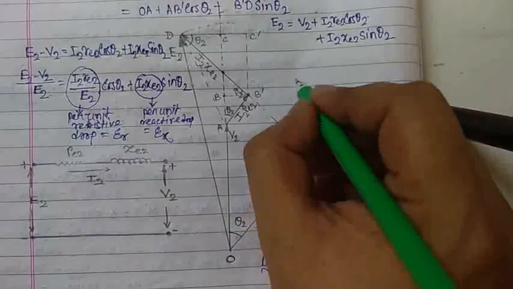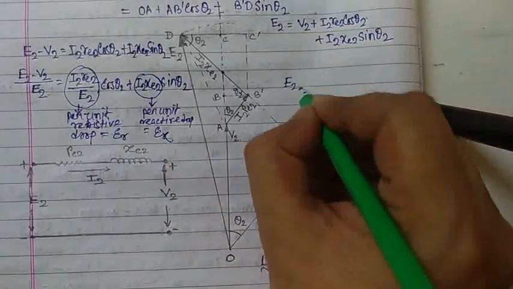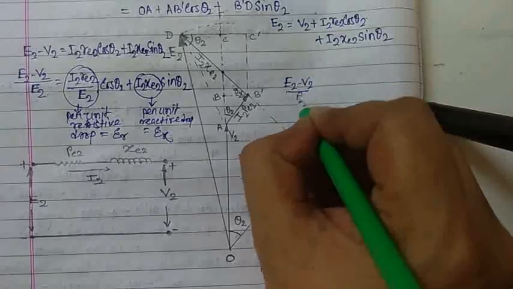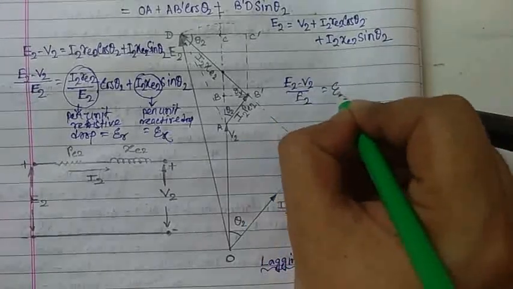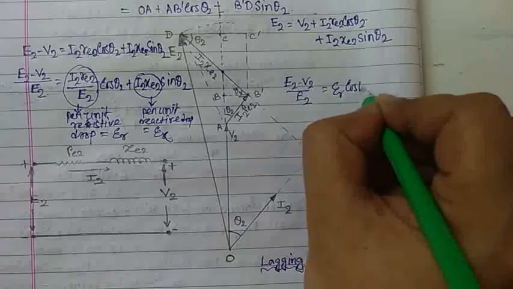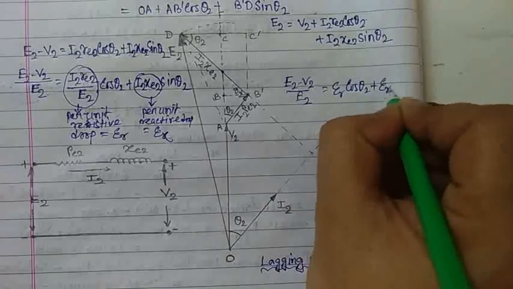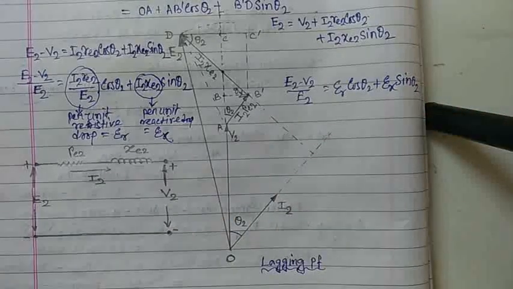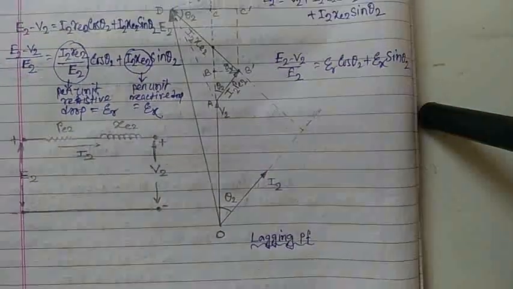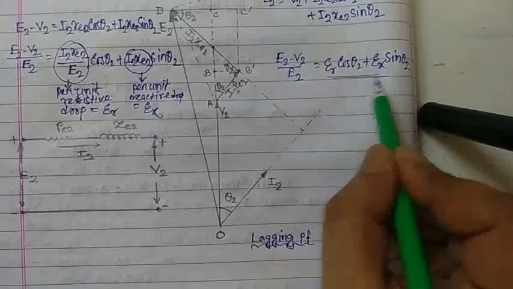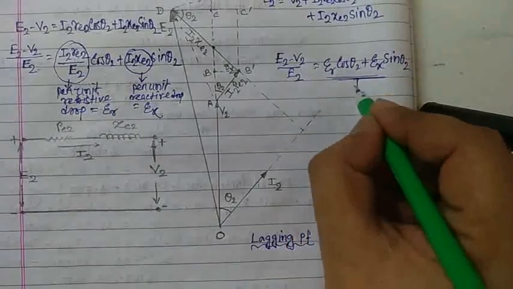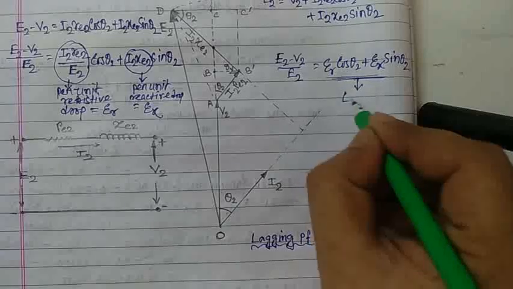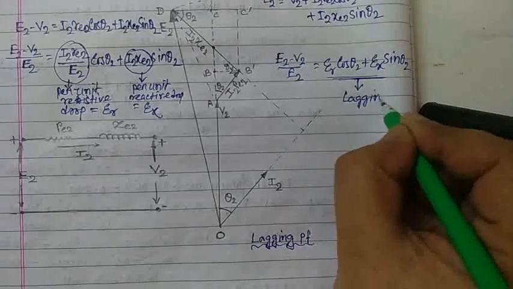So the equation (E2 minus V2) by E2 is nothing but epsilon R cos theta 2 plus epsilon X sin theta 2. Remember that. This equation is valid when the power factor is lagging.